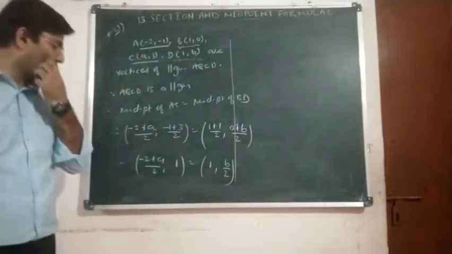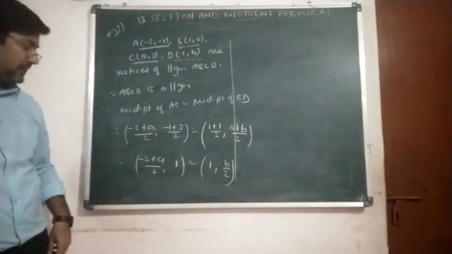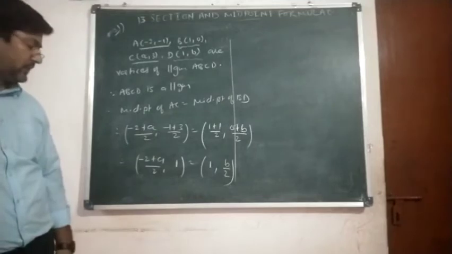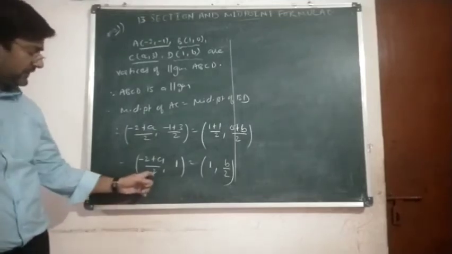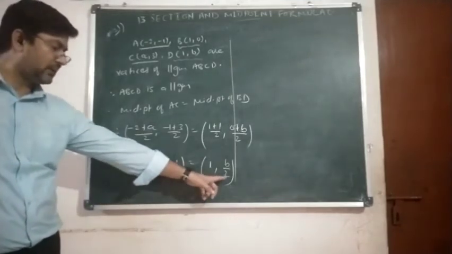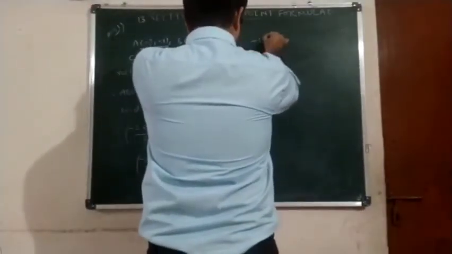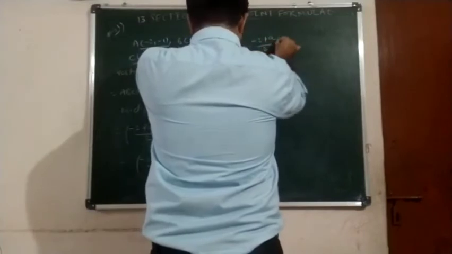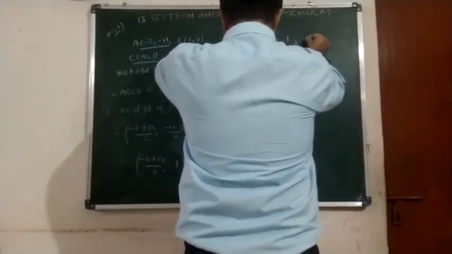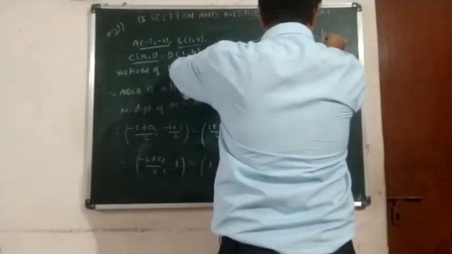Now the two points are equal, so their corresponding coordinates will be equal. We equate x coordinate with x coordinate and y with y. Therefore (-2 plus a) upon 2 is equal to 1, and 1 is equal to b upon 2.